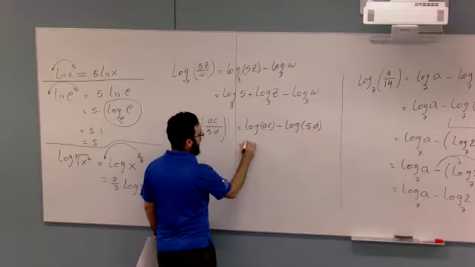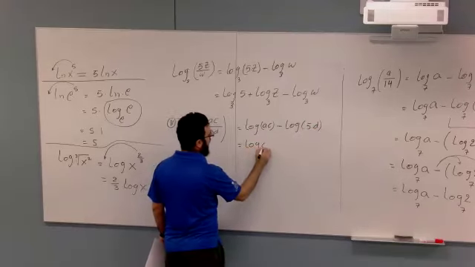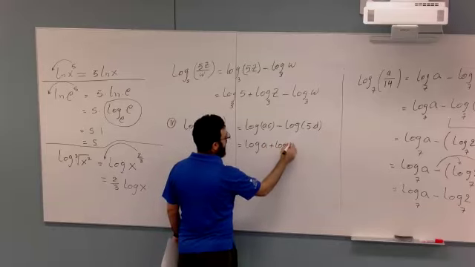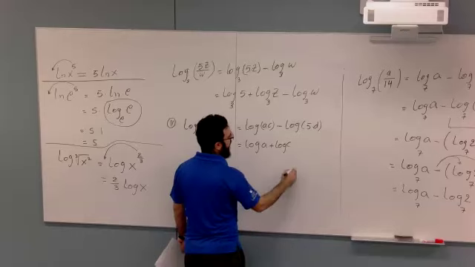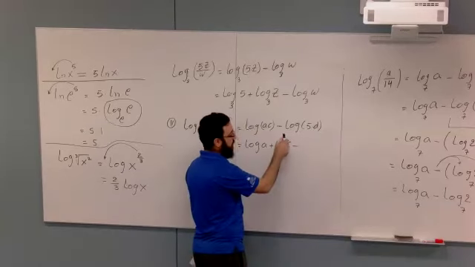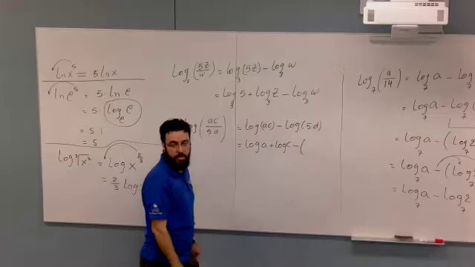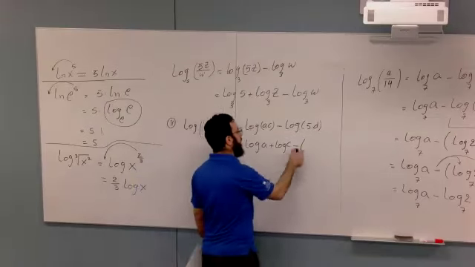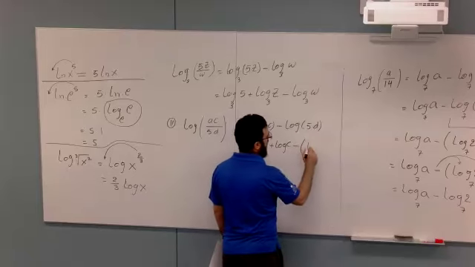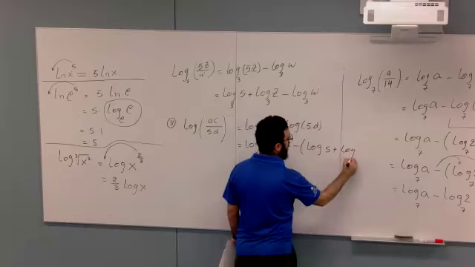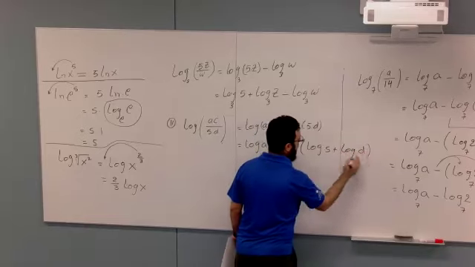Next step is going to be log A plus log C. Minus, be careful here. When you put minus and you have multiplication, you open parentheses, because the negative sign applies to everything here, which is log 5 plus log b.